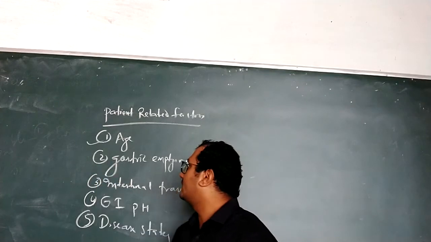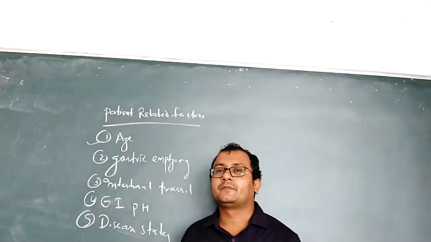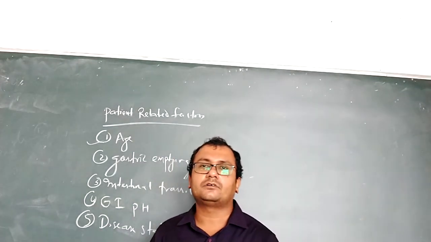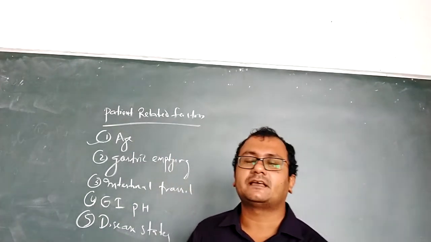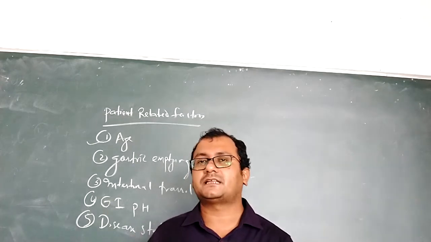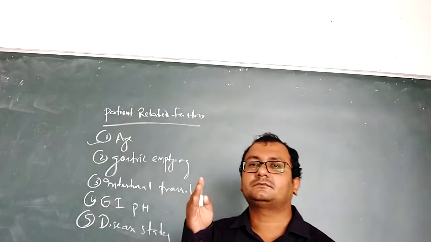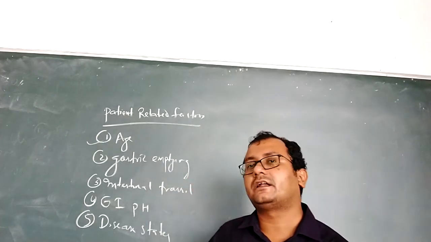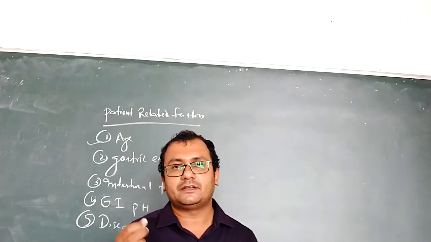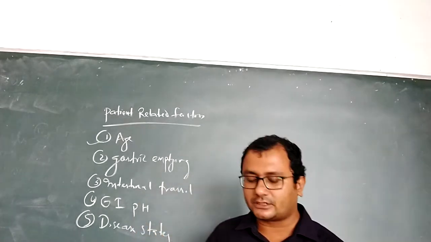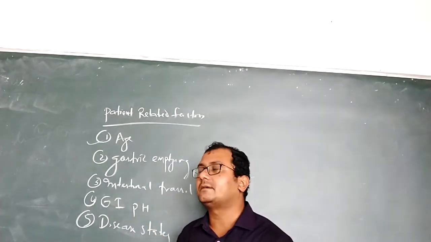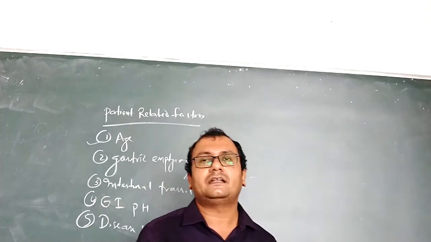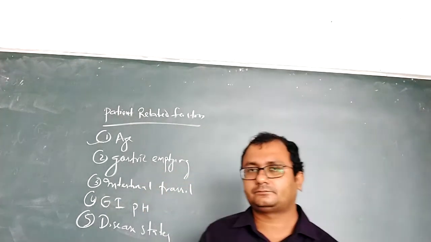Then coming to the second one, gastric emptying. Gastric emptying is related to how much time it takes for the drug or any other substance, food or drug, to pass from the stomach to the intestine. We need to evaluate this because some drugs need to be absorbed in the stomach.